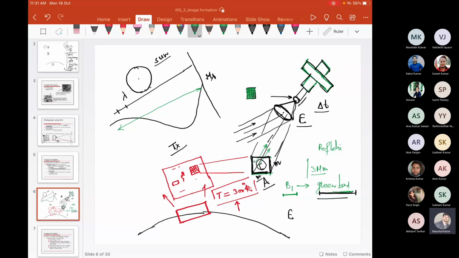This is the surface of one CCD, one charge coupled device, which is comprised of phototransistors on a silicon chip, as I said before.